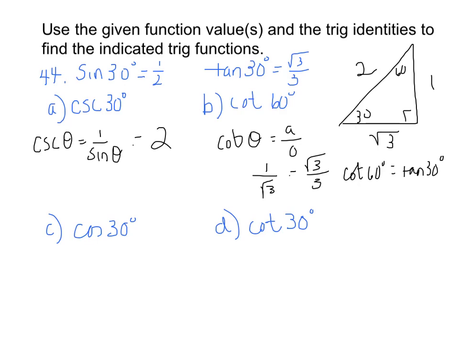All right, the cosine of 30, if you look at that, is going to be square root of 3 over 2. And we can get that either from the triangle that I've written up here to help me, or I could get it from the unit circle, or from my memory. I might actually know that. And then the cotangent of 30 is going to be a reciprocal, right? Because the cotangent of theta is 1 over tangent theta.